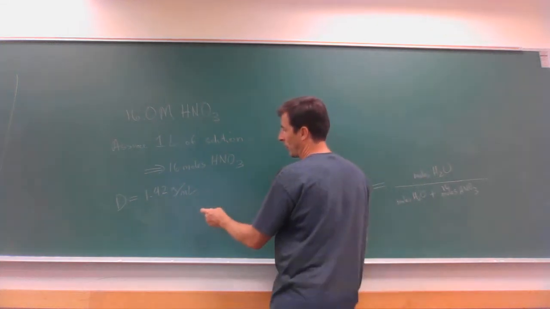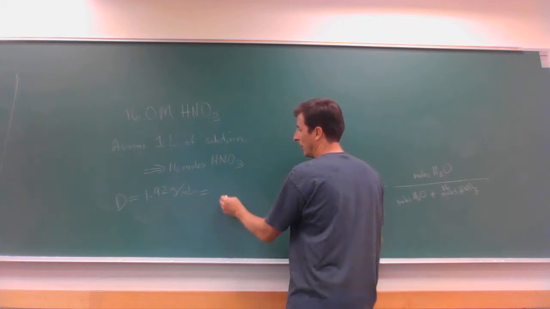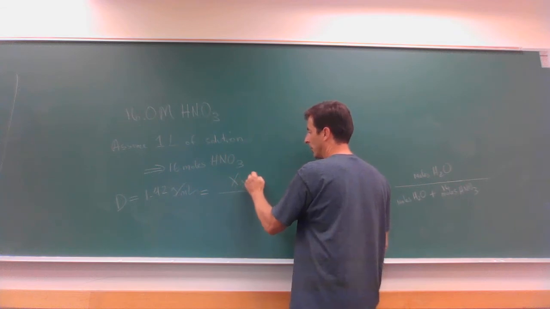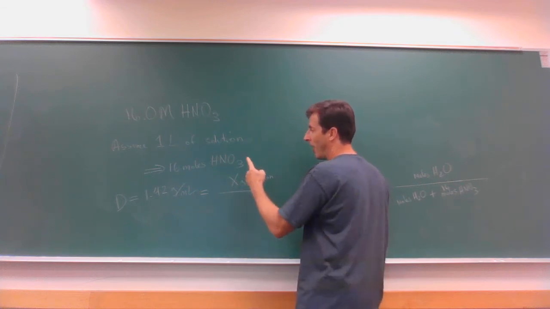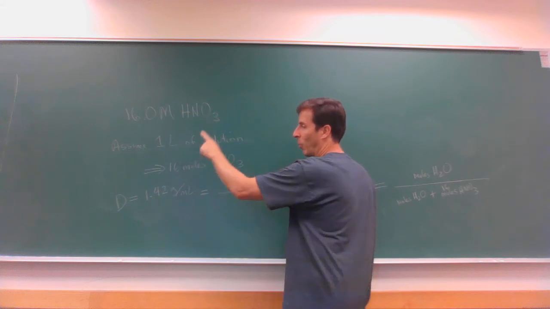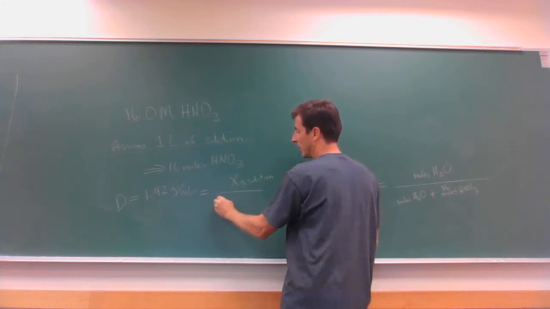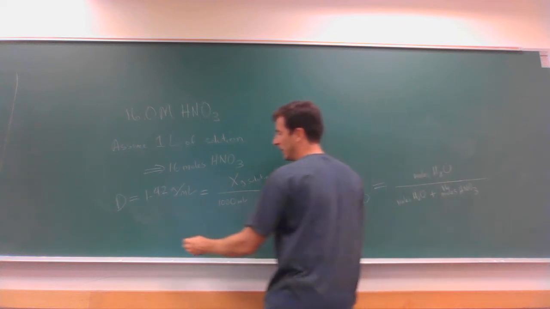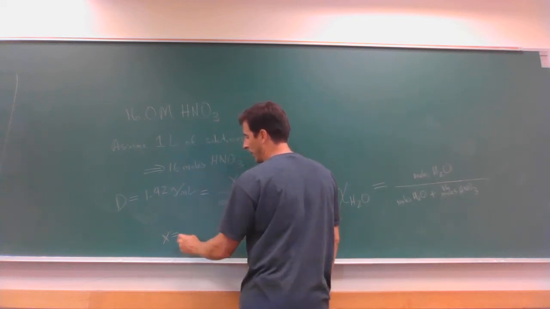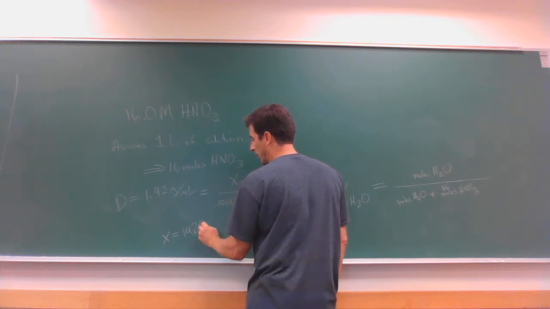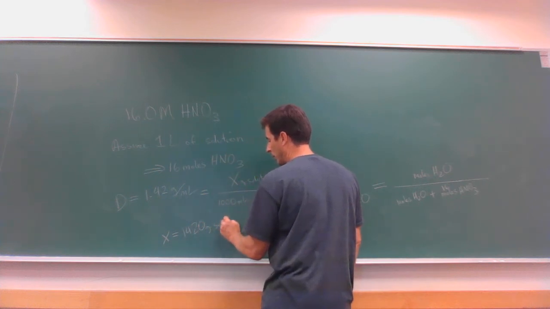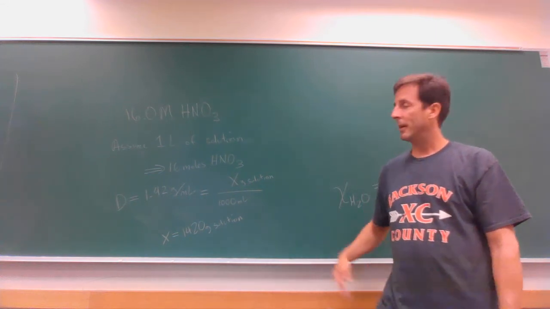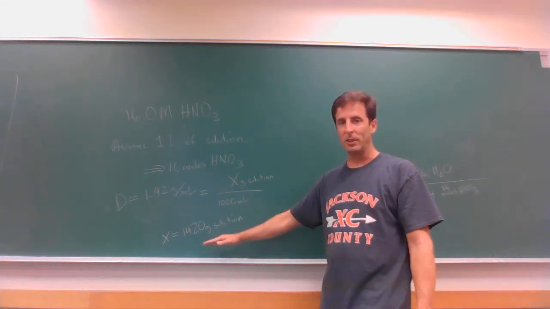So my density is 1.42 equals X grams of solution on top, and the volume is 1 liter, which is 1,000 milliliters. If I solve for X, it ends up being 1,420 grams of solution. That's the total mass of everything in the solution.